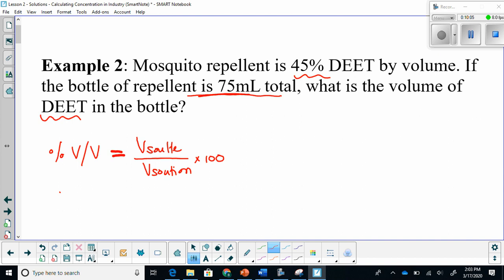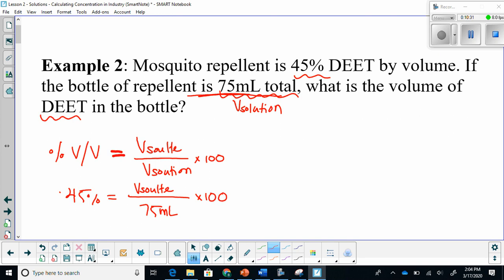Okay, this represents the percent. So 45% is equal to V solute over V solution. This number here is saying total volume, so this is going to be my V solution. So let's plug that in. V solute over 75 milliliters times by 100.